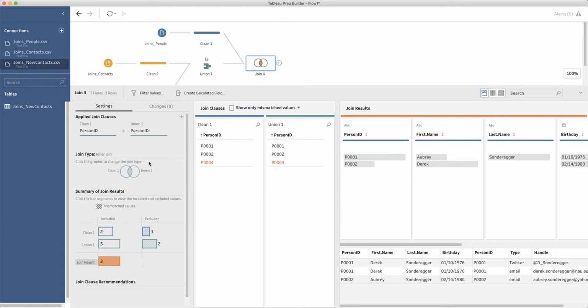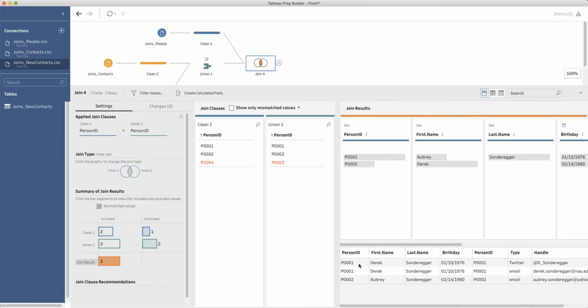Now the way that we want to look at this is when it joined these two tables together, it looked at it and said, oh, look, there's a column named person ID in this blue data set, and there's also a column named person ID in this green data set, and that's how we're going to squish those together, is to say that the information in that person ID is the key that allows us to join these two things together.